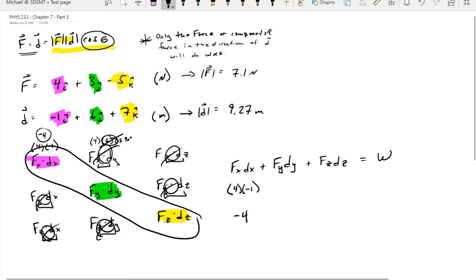That component of force is actually doing negative work as we displace. We have 3 and 6, which is a positive 18. So this component of force is doing a positive amount of work. And then we have a -5 and a 7, which is a -35.